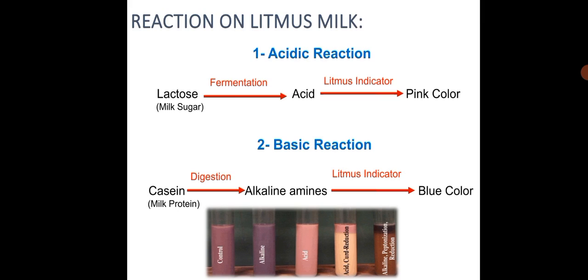Acidic reaction takes place when lactose as milk sugar gets fermented to acid, and the litmus indicator turns the color to pink. Basic reaction takes place when casein, that is milk protein, gets digested to amines, and the litmus indicator causes the change in color to blue.